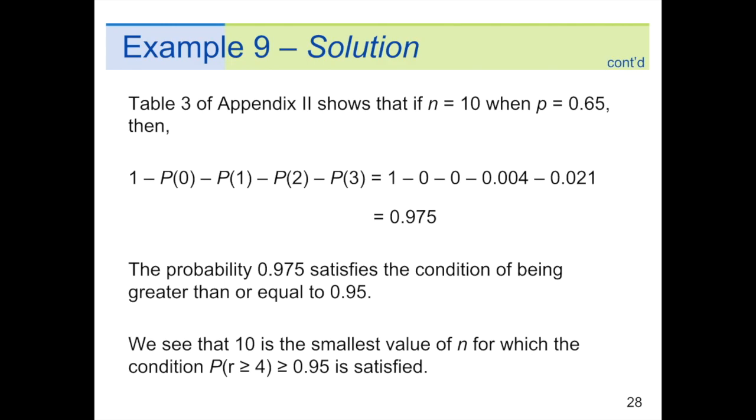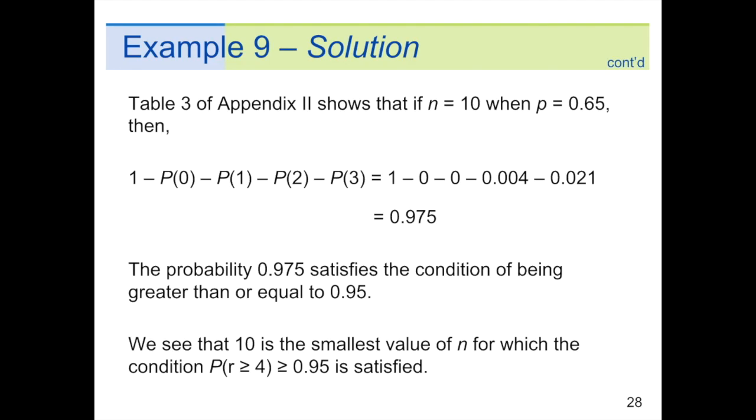it shows that if n equals 10 when p equals 0.65, then 1 minus P of 0 minus P of 1 minus P of 2 minus P of 3 is equal to 1 minus 0 minus 0, because they're too small to round to 3 decimal places, minus 0.004 minus 0.021, which will give us 0.975, so 97.5%.